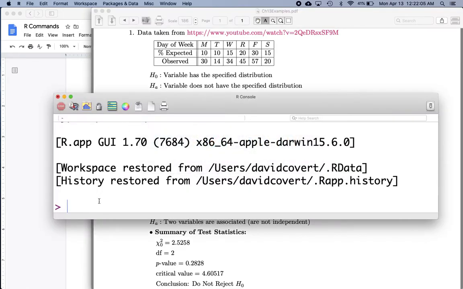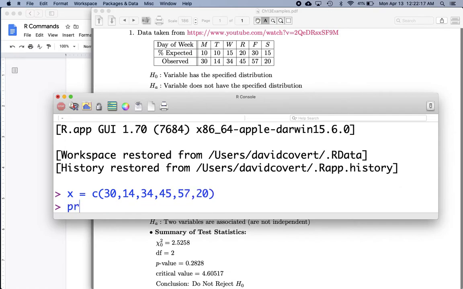So the first thing we're going to do is save our data. So x is going to be 30, 14, 34, 45, 57, and 20. And let's save our probabilities. Our probabilities are going to be 0.1, 0.1, 0.15, 0.2, 0.3, and 0.15.